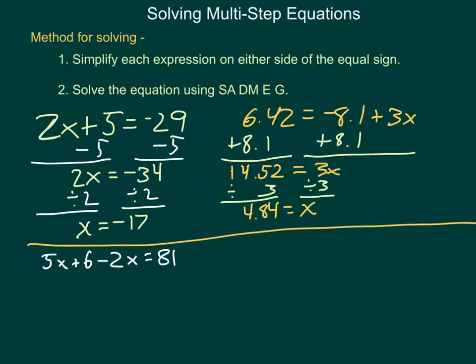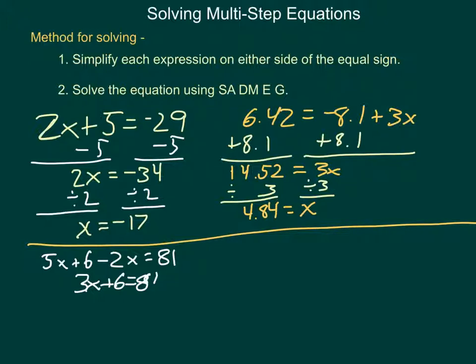In this case, the answer is yes. Because we have two x terms on the same side of the equal sign, we can combine like terms. What is 5x minus 2x? Well, that is 3x. So this equation is actually 3x plus 6 equals 81.